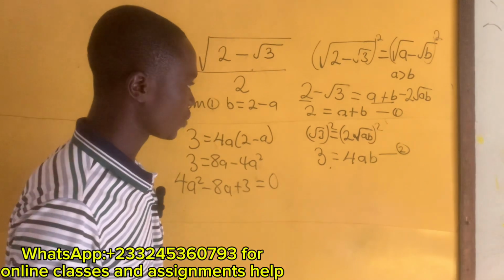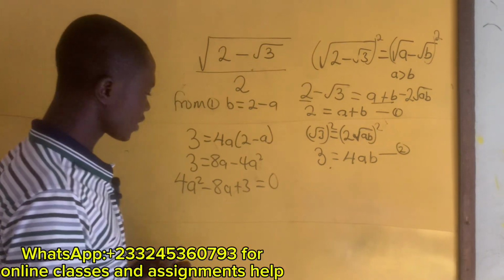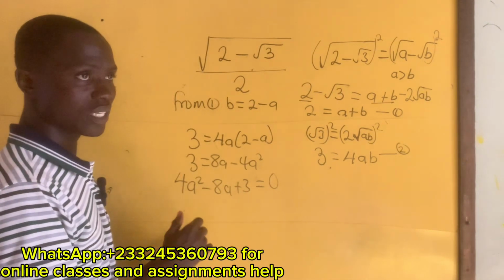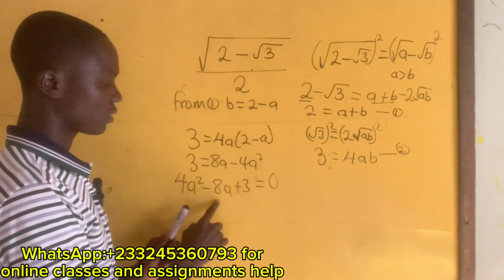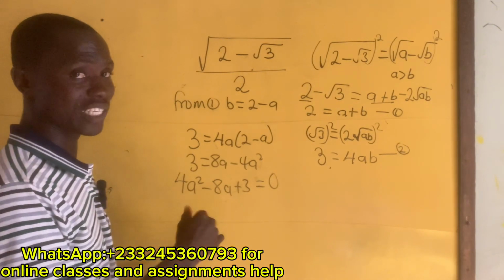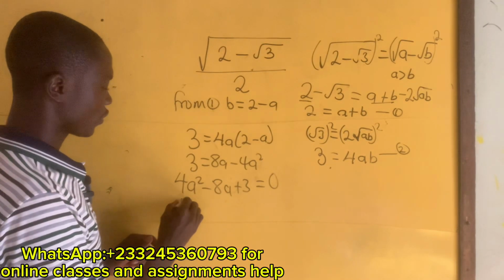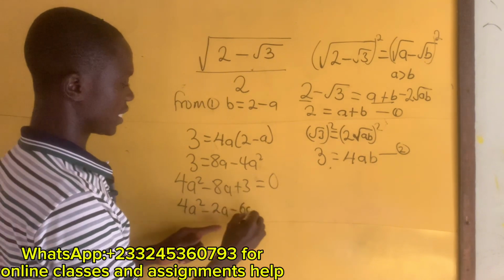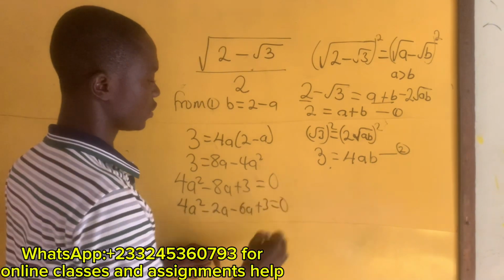That's good. So let's see. With regards to this one, we can factorize because 3 times 4 is 12, and minus 6 times minus 2 is also 12. So we can get 4a squared minus 2a minus 6a plus 3 equals 0.